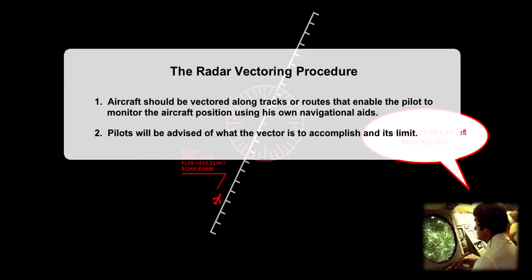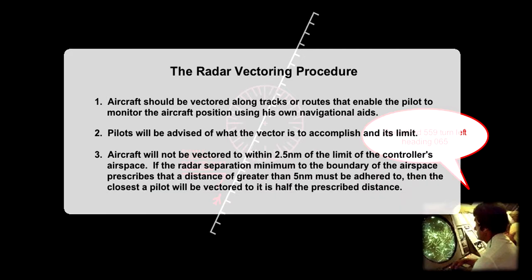Secondly, when an aircraft is given a vector diverting it from a previously assigned route, the pilot should be informed, unless it is self-evident what the vector is to accomplish, and, when possible, the limit of the vector should be specified. For example, to position for a radar to ILS approach to runway 26 left. Aircraft will not be vectored to within 2.5 nautical miles of the limit of the controller's airspace.